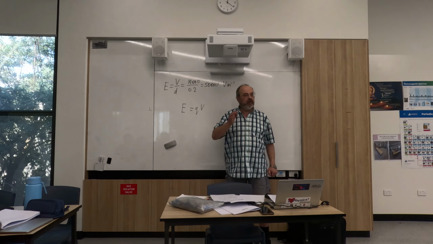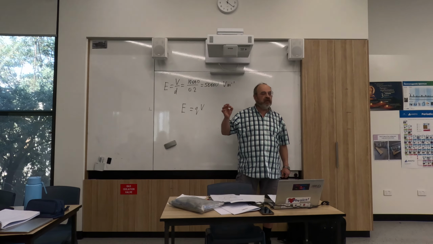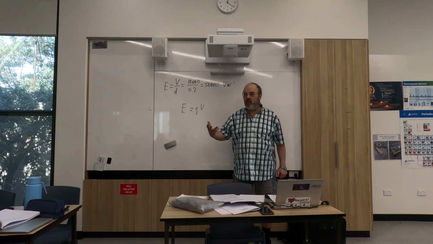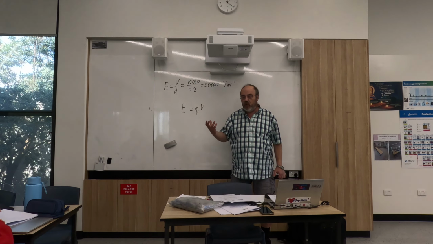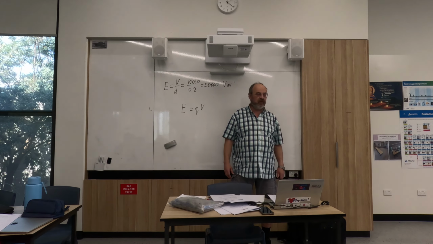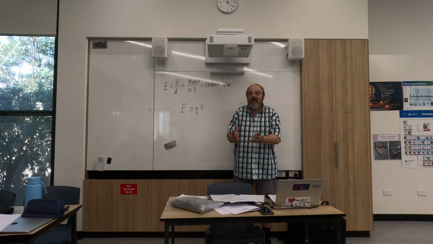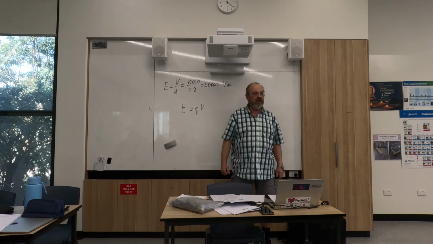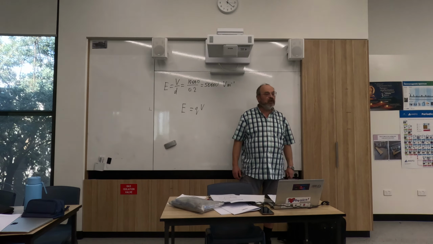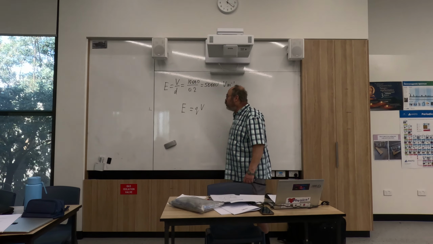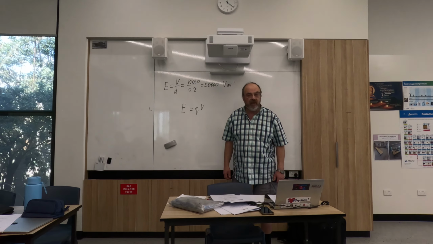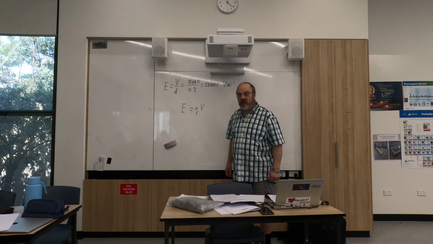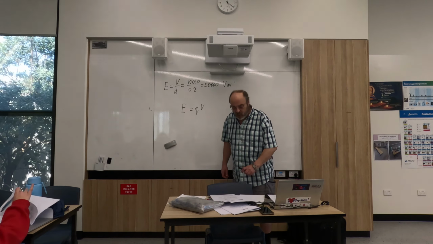One electron going through one volt gains energy of 1 electron volt. If a proton goes through a potential difference of 1 volt, it will gain 1 electron volt, since it has the same charge as an electron. So if a proton goes through 10,000 volts, how much energy will it have? 10,000 electron volts.